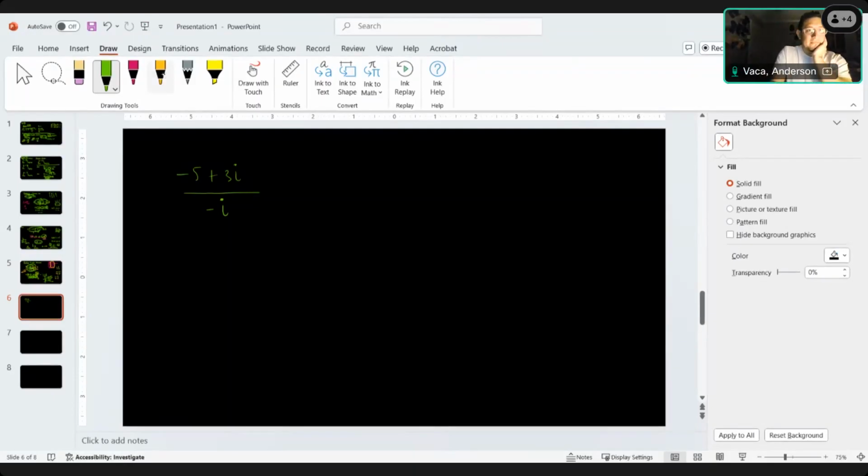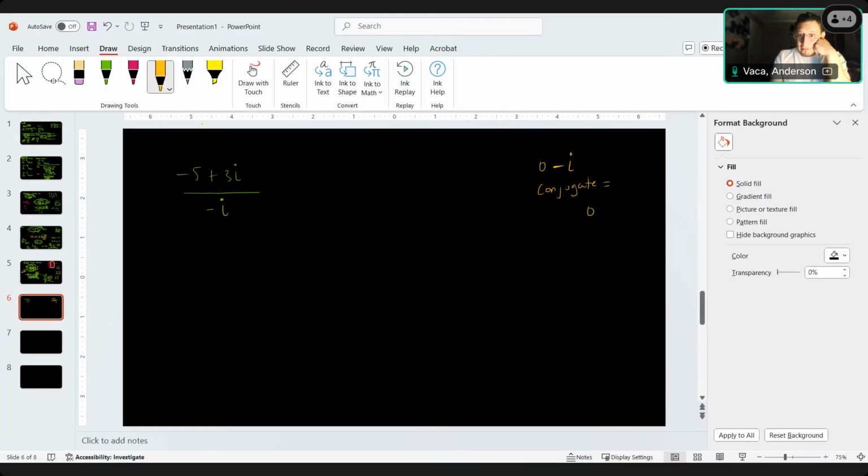So let's see. Well, this number, negative i, has a real part, and that real part is 0. So its conjugate will be 0 because we have to keep the real part the way it is.